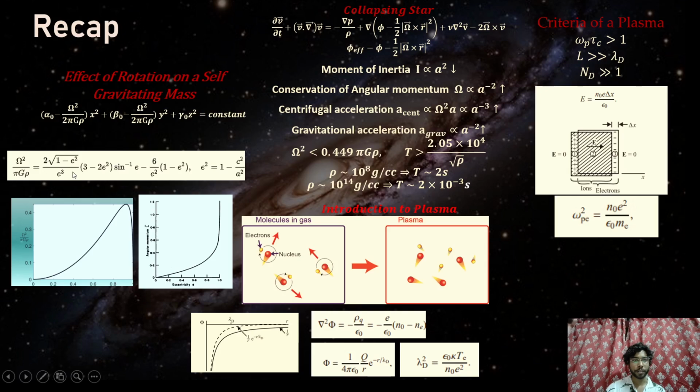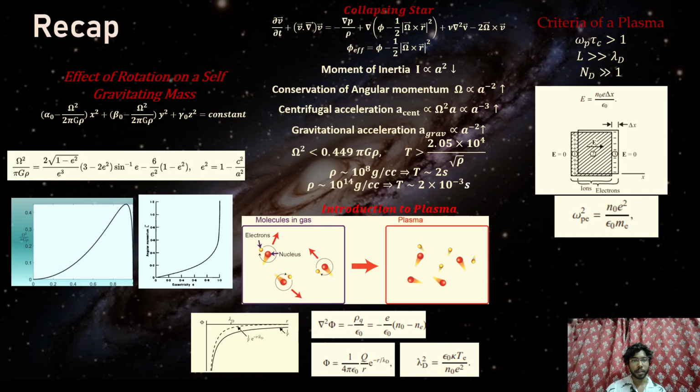This is the plot of angular velocity square over pi g rho with eccentricity. As eccentricity increases, there comes a point where omega reaches its maximum value, somewhere between 0.4 and 0.5.